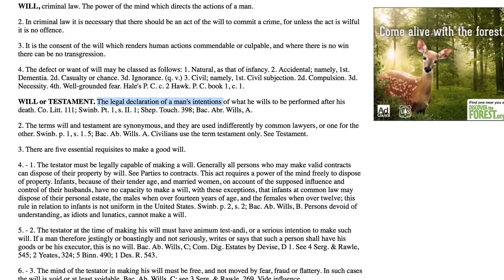But either way, the thing that I want you guys to notice is that whether in criminal law or even talking about the probates and the estates, this thing about the will deals with the status that only a man can have, and it's an express act, right?